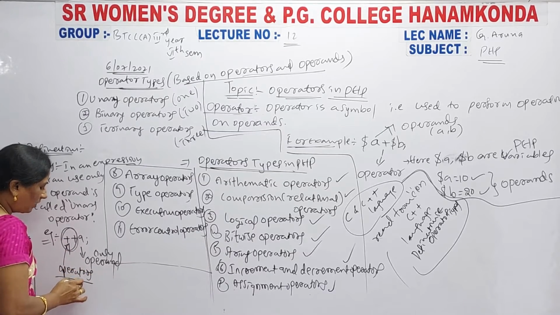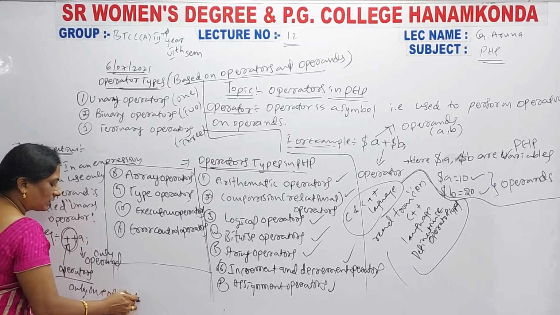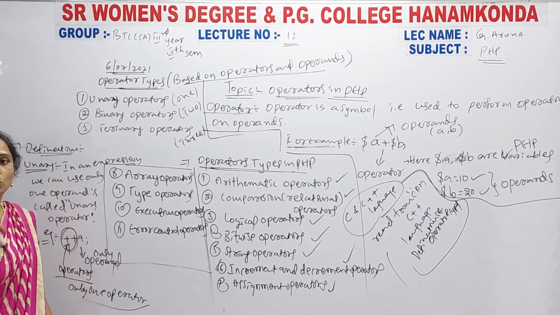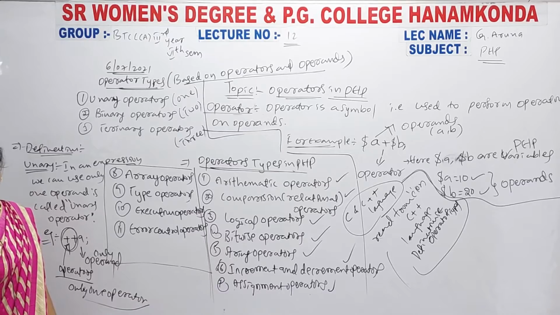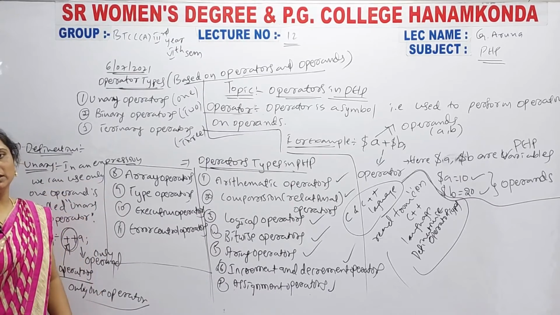Only one operator. Plus plus means the increment operator, only one. That's why this is called the unary operator.